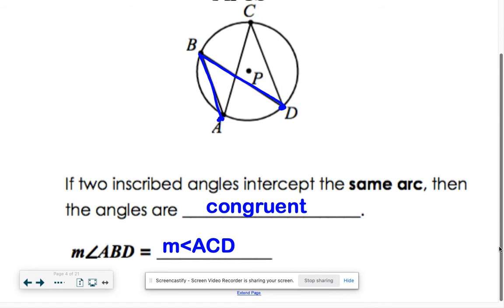And then I trace out our inscribed angle ACD. Do you see and agree that they both have the same intercepted arc AD? They both have the endpoints A and D, duh. So we know that these two angles would be congruent because they have the same intercepted arc. Woo! All right, let's get to the fun.